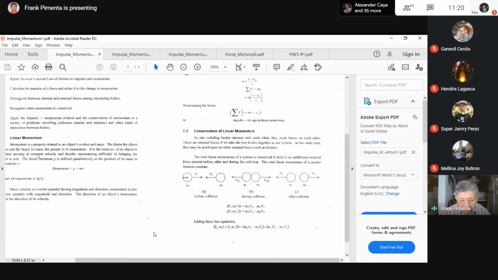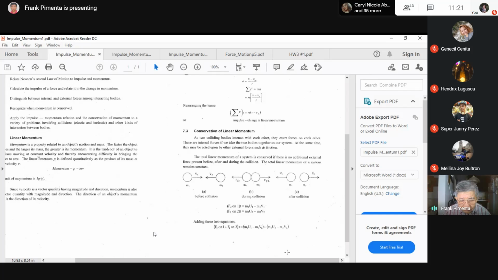Before the collision, V sub 1, body number 1 is going to the right. Now, because of the bounce back, the velocity of body number 1, U sub 1, will be in the opposite direction. Also here in body number 2.